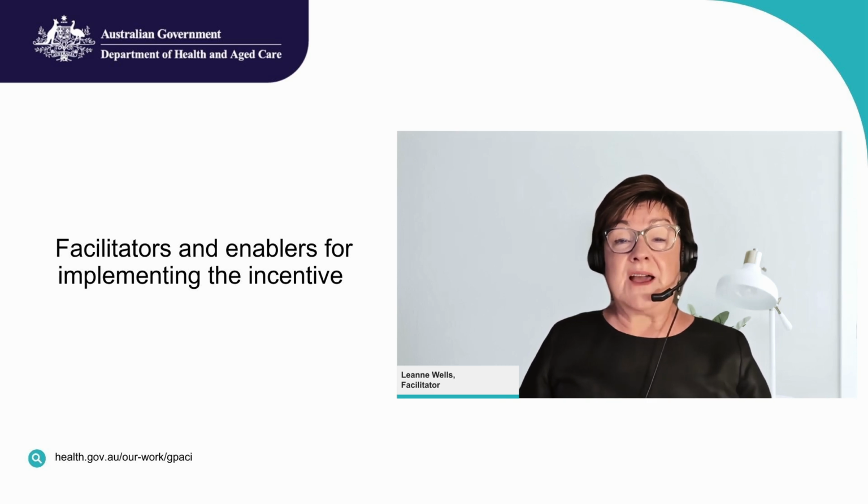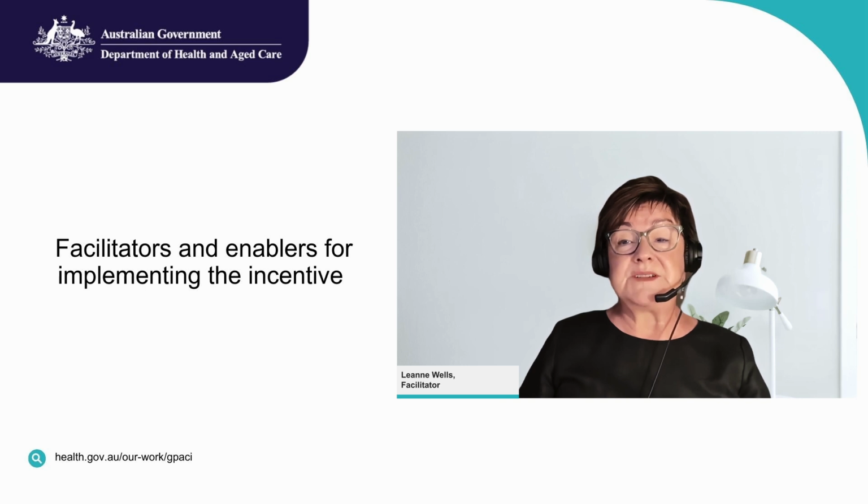In this discussion, I asked panellists about key implementation considerations for the General Practice in Aged Care incentive and activities, many of which are already typical practice in primary care, that can facilitate smooth adoption. Each of our panel members represent a different perspective of the team involved in implementing this initiative.